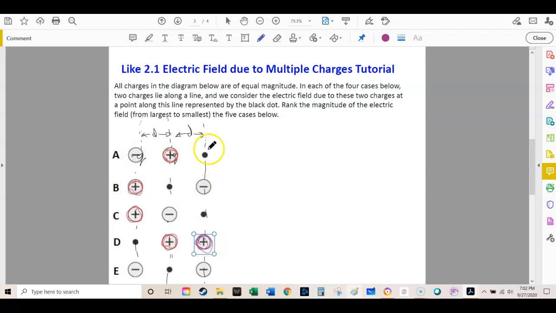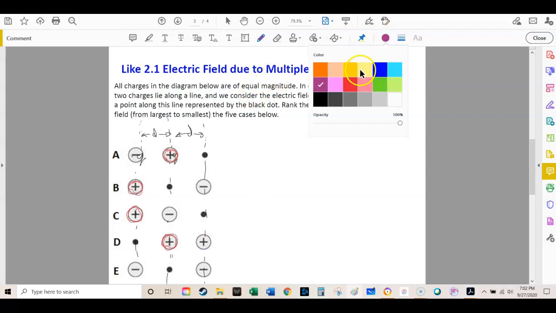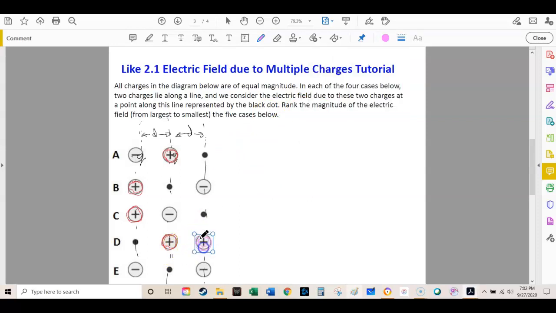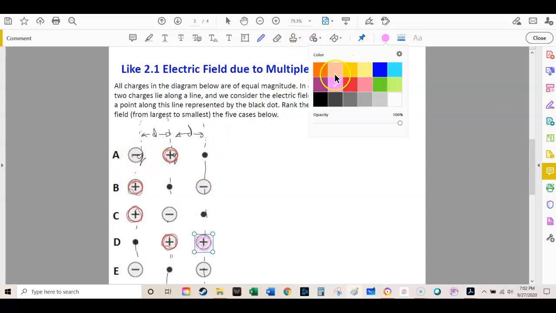This is a purple. Actually, make that maybe another color, like an orange. No, pink. I like that. Pink. This is a pink. So I'm coloring these so that when I write out my equations, you can see the difference, and also the vectors as well.